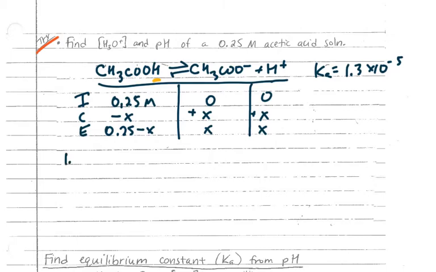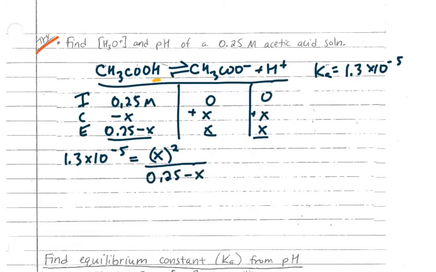Since we know the equilibrium constant is 1.3 times 10 to the negative fifth, and its products, X times X, or X squared, over the concentration of the reactants, 0.25 minus X. I'm going to use the X approximation technique because this is a pretty small Ka, and we're going to say that that's not significant. And now we just need to solve.